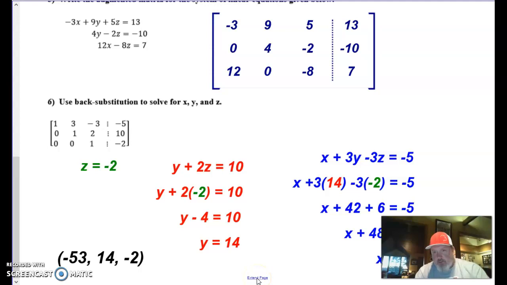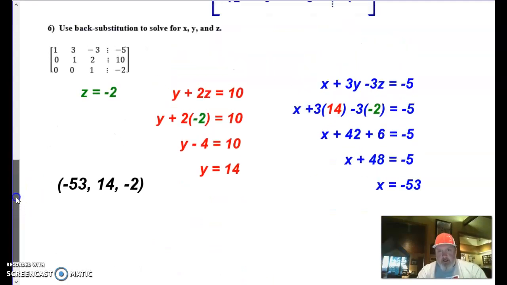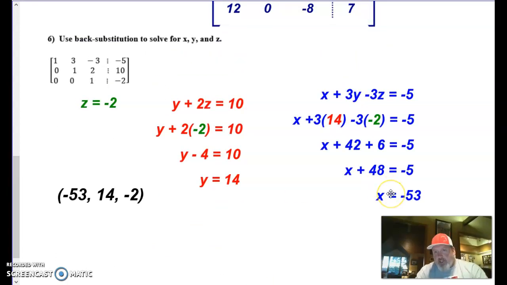And we'll get 14 for y, and once I have z and y, I can plug it into the top equation, which is 1x plus 3y minus 3z equal to -5. So you'll notice I replaced y with 14 and z with -2. And when we do that, x is -53.